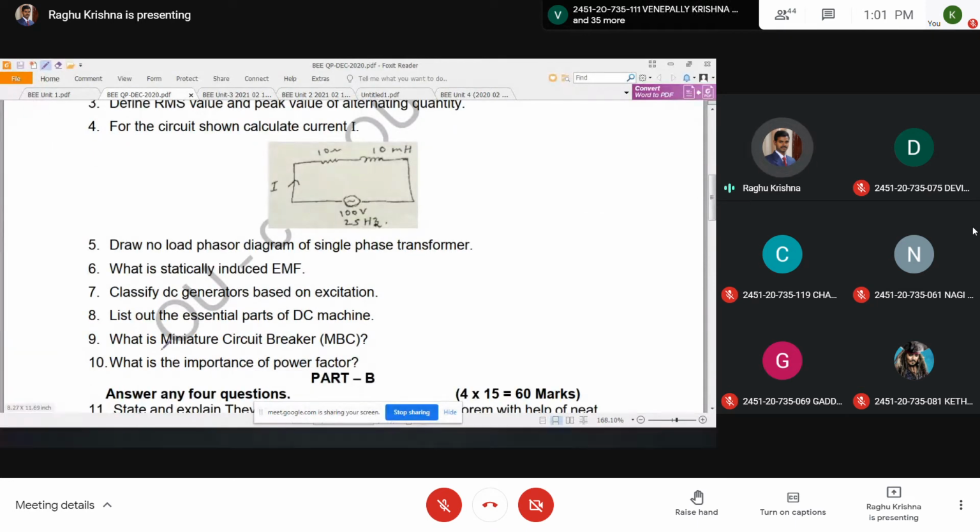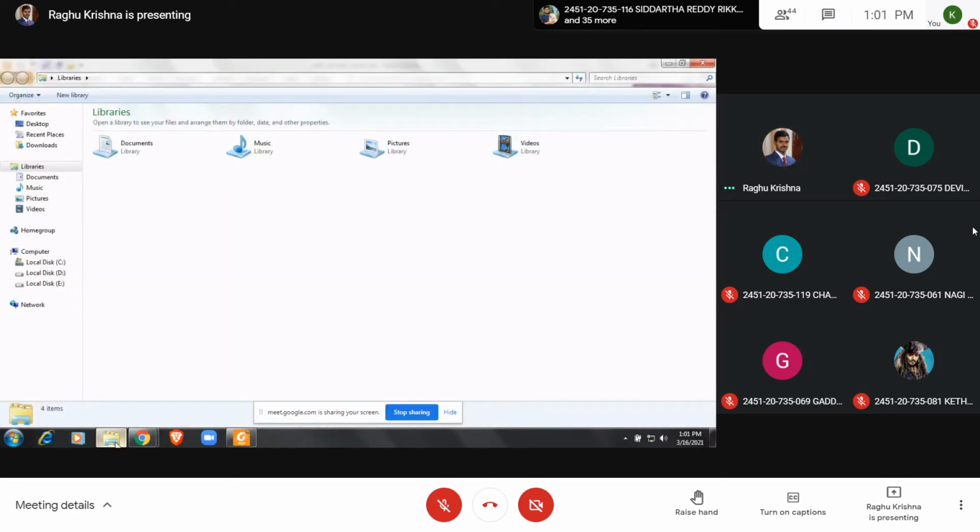So next, what is miniature circuit breaker? First write the full form of MCB.